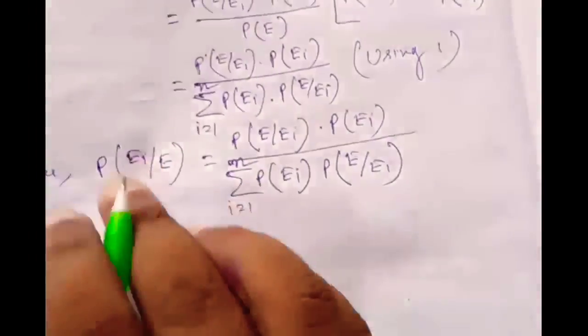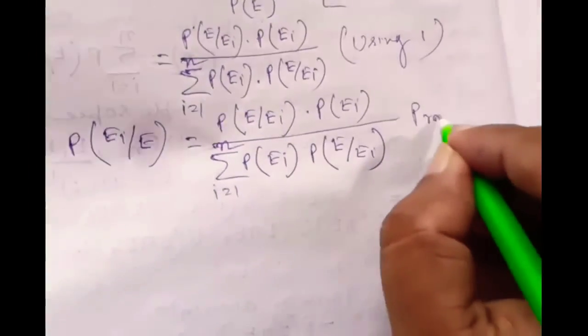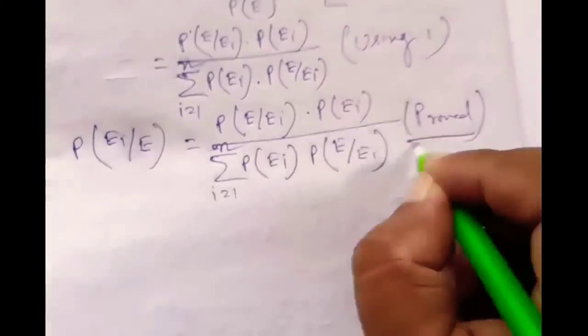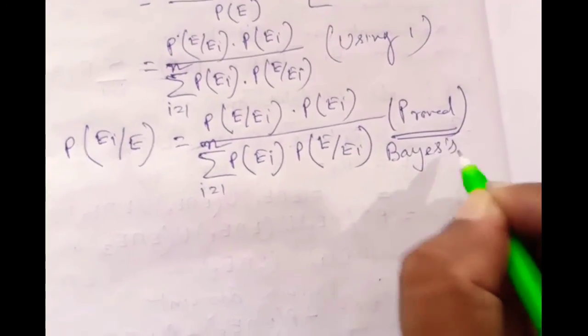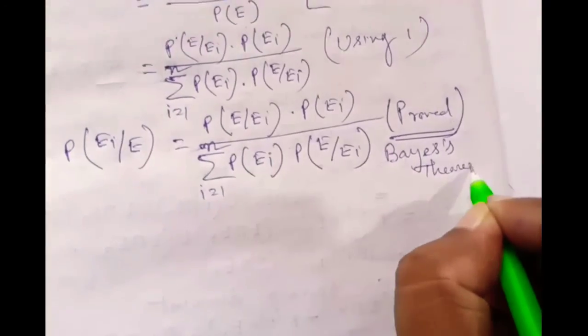Okay, so this is proved. This is the proof of Bayes' theorem.